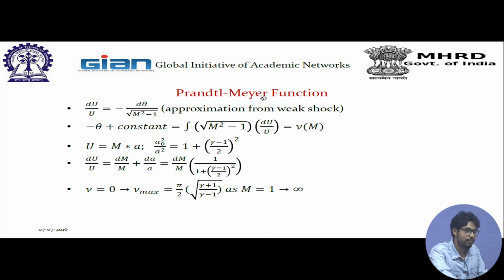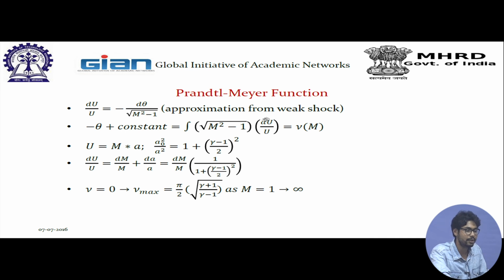Now what is the Prandtl-Meyer function? When we approximate a weak shock, we will get a partial differential equation like that. du by u is proportional to 1 by root of M square minus 1, where M is the Mach number, and if we integrate it, we will find that minus theta plus the integration constant is this integral, where this integral is the Prandtl-Meyer function, which is a function of M, the Mach number.